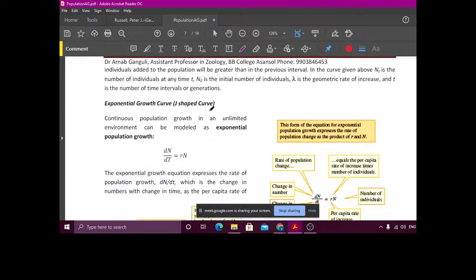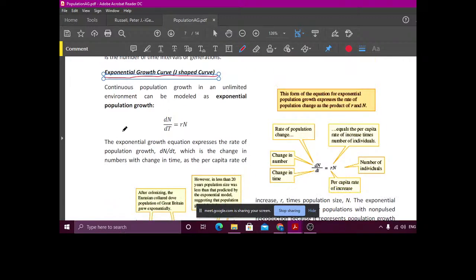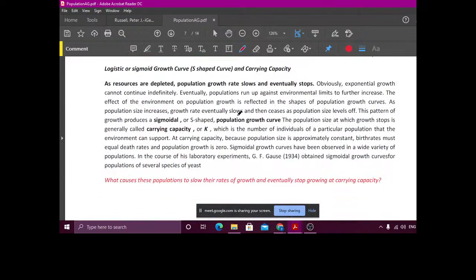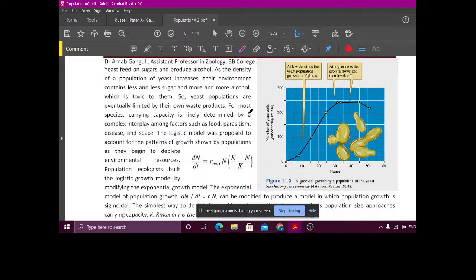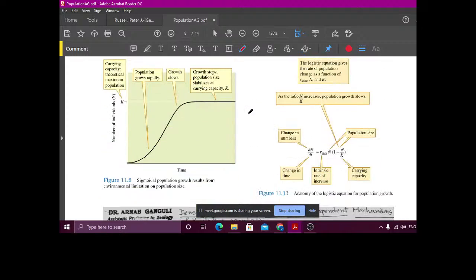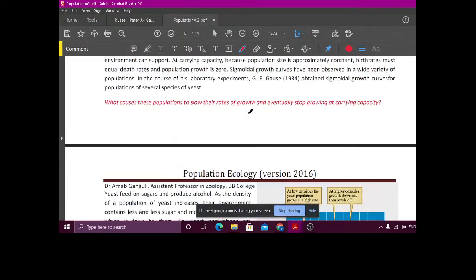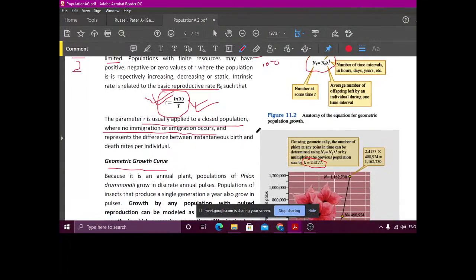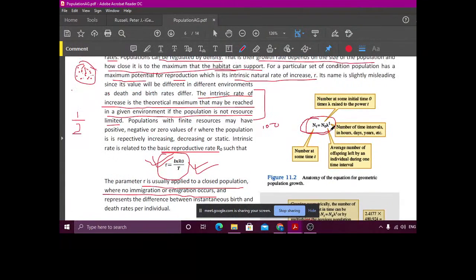The next is the exponential growth curve, that is the J-shaped curve. You have to remember this formula. This is a differential formula. If you integrate this particular formula, you are supposed to get this value.